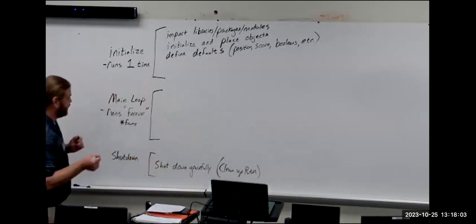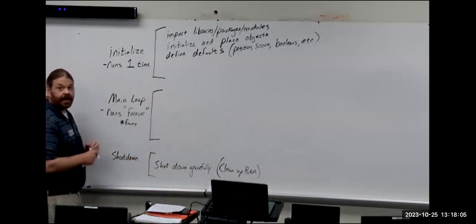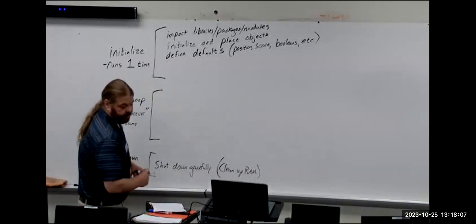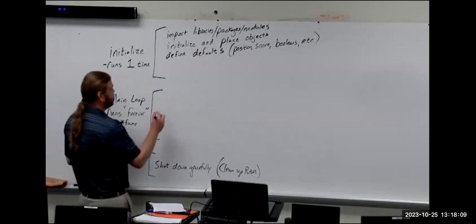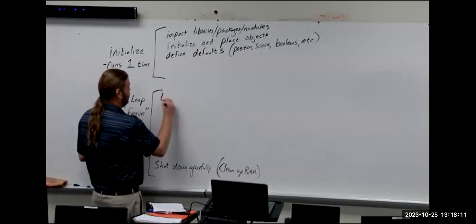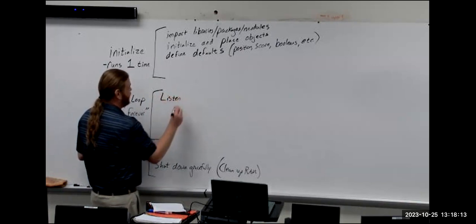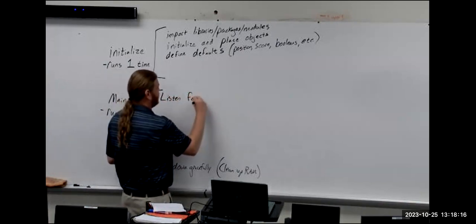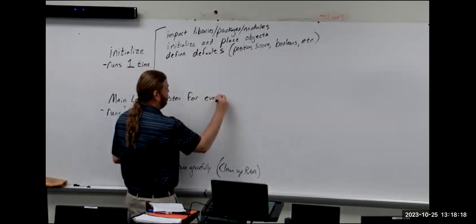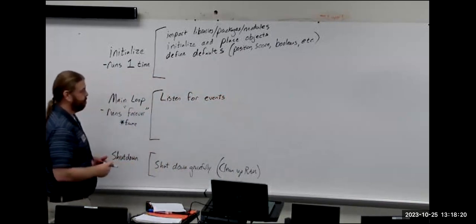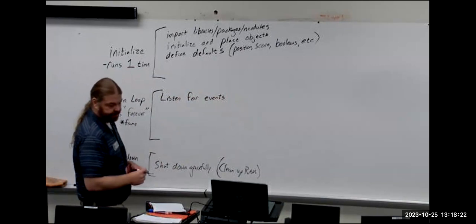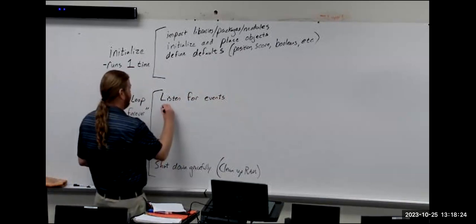And then this is the order that we want to pay close attention to. So first thing we always want to do as we pass through there is listen for events. I'm going to put react to events.